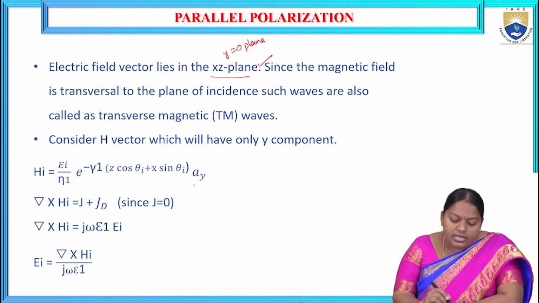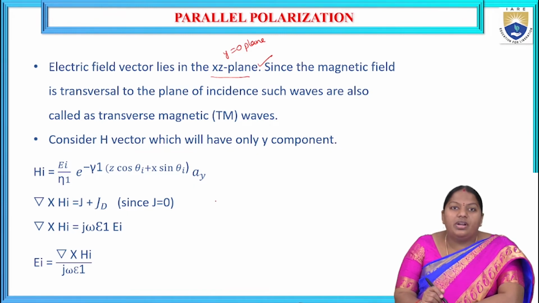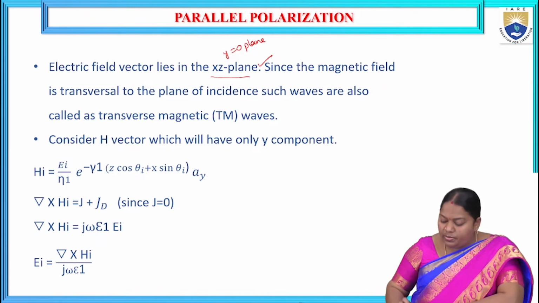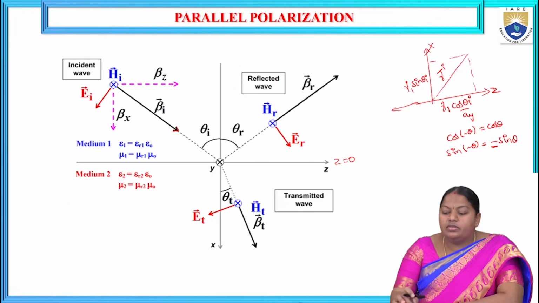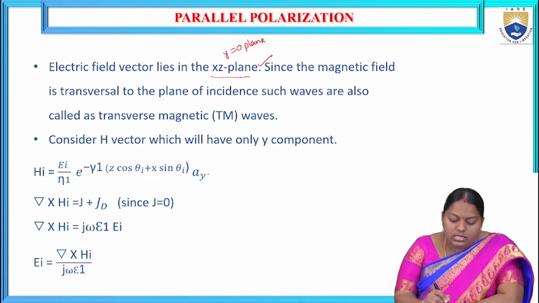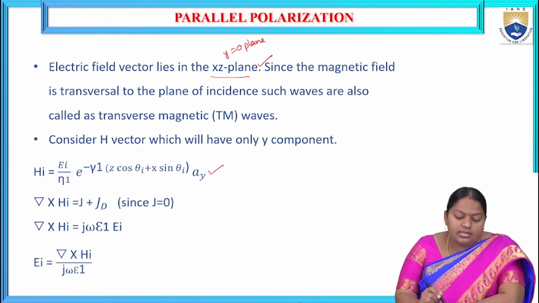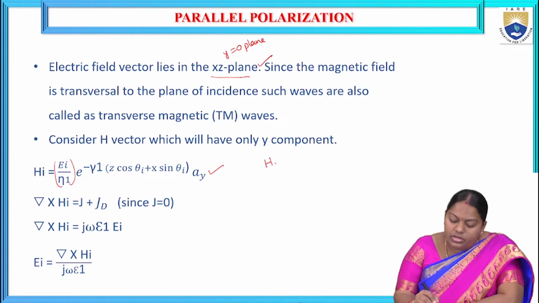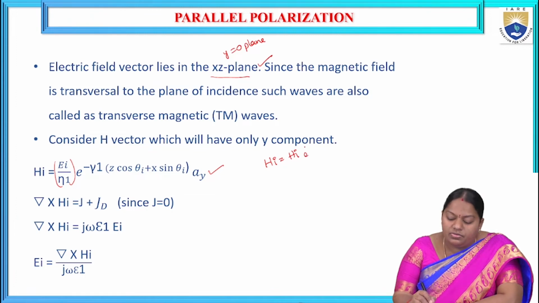Now to write the magnetic field intensity vector and electric field intensity vector for the incident wave, as we have considered in the previous case with the propagation vector, based upon this we are going to write the vector form. The magnetic field intensity vector Hi is given by Ei by eta 1. Why have we got the magnitude term as Ei by eta 1? In general, we write Hi equal to its magnitude Hi along with the phase function e power minus gamma 1 into z. Right?